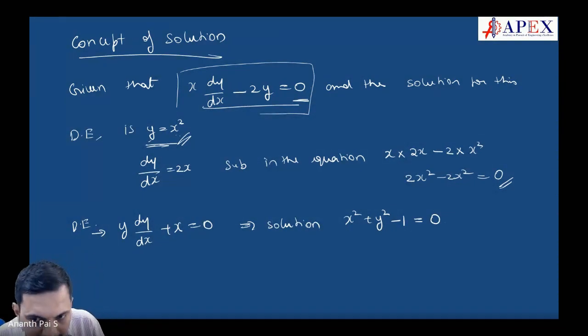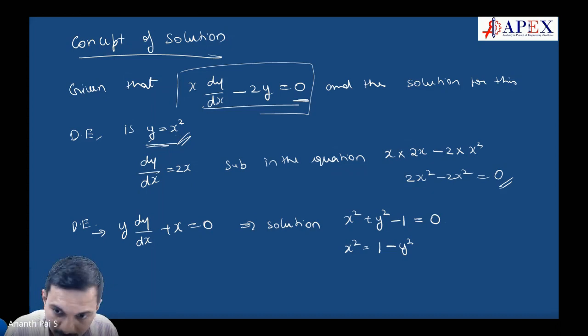Can you separate x on one side and y on the other side? You cannot. You have to write x square is equal to 1 minus y square.